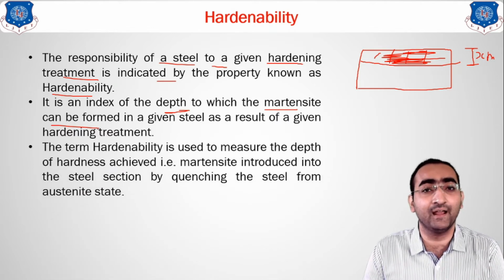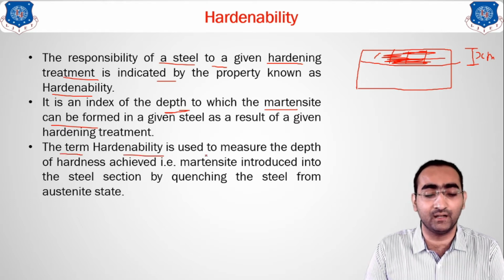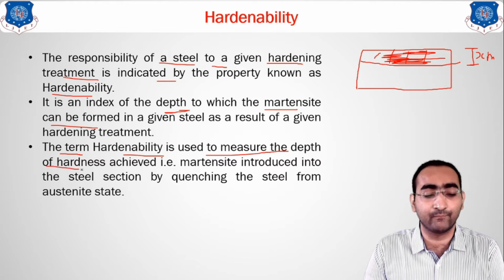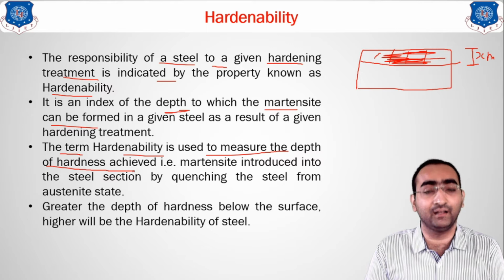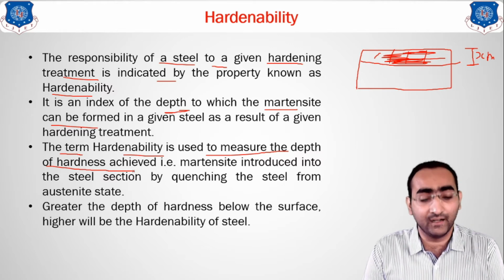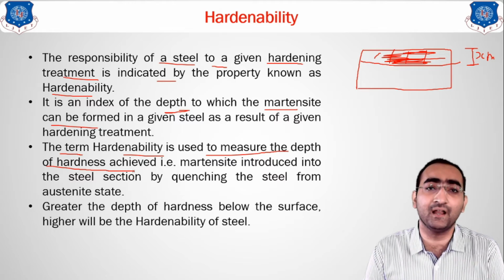So we find the depth at which we get different types of hardness in the material. The term hardenability is used to measure the depth of hardness achieved. Clear? The greater the depth of hardness below the surface, the higher the hardenability.